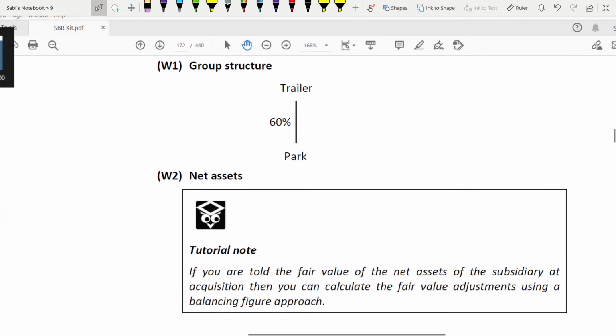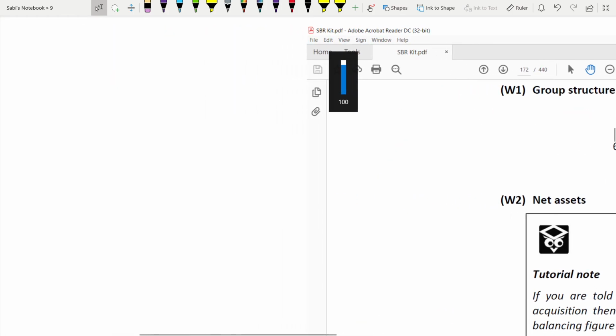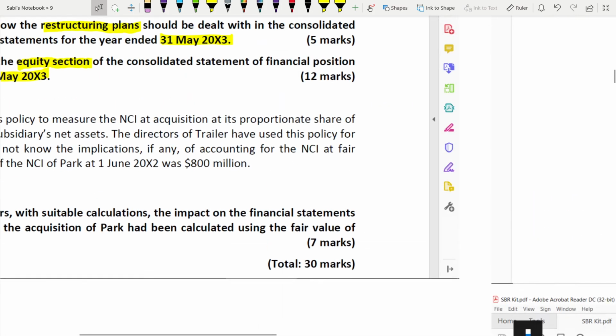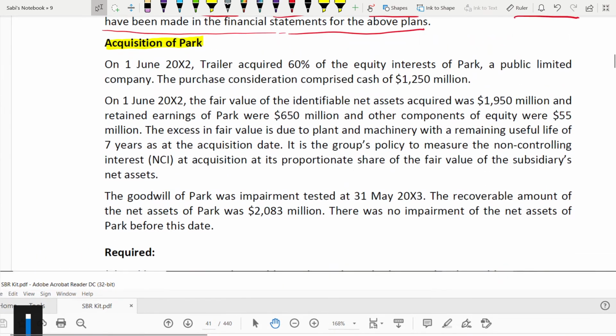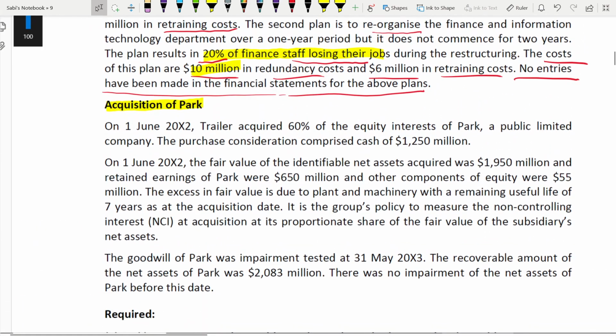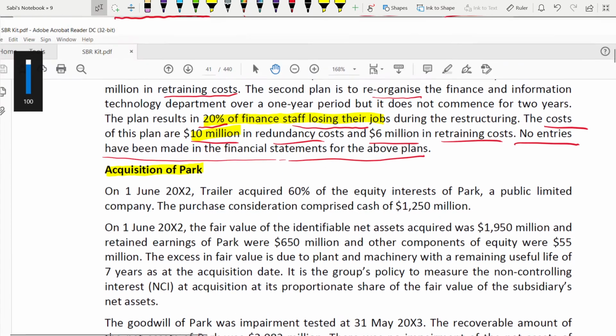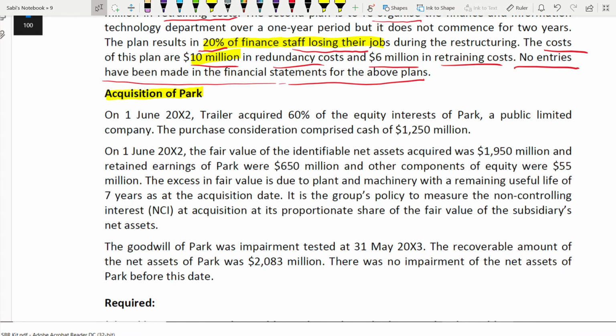But before going to the working, we didn't read the third paragraph relating to the acquisition of Park. Now you see how easy it is. I exactly know this piece of information I have read, and so I know how to link. If I had read the whole case study, I'd be very confused with too much information going on in my mind.